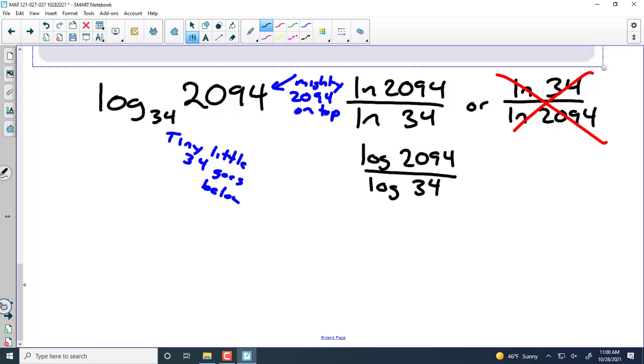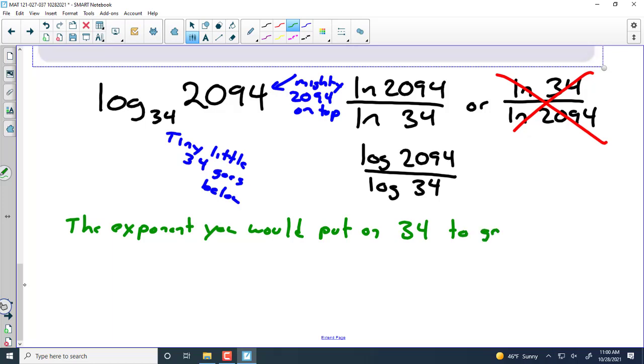But either way, what you are looking for is the exponent you would put on 34 to get 2094. That's what we're looking for. That's what a logarithm is asking for: the exponent that makes this turn into that.